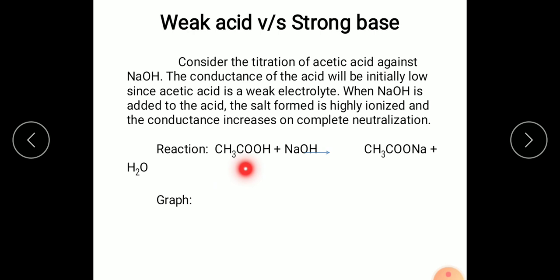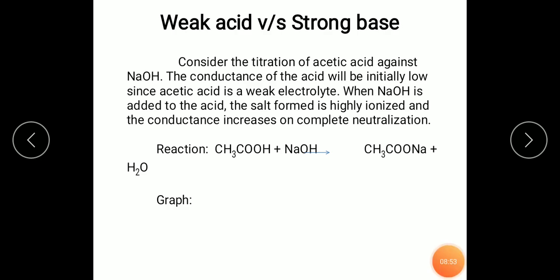The conductance of this acid will initially be low, because acetic acid is a weak electrolyte which does not dissociate completely. When NaOH is added to the acid, the salt formed is highly ionized, and the conductance increases on neutralization.